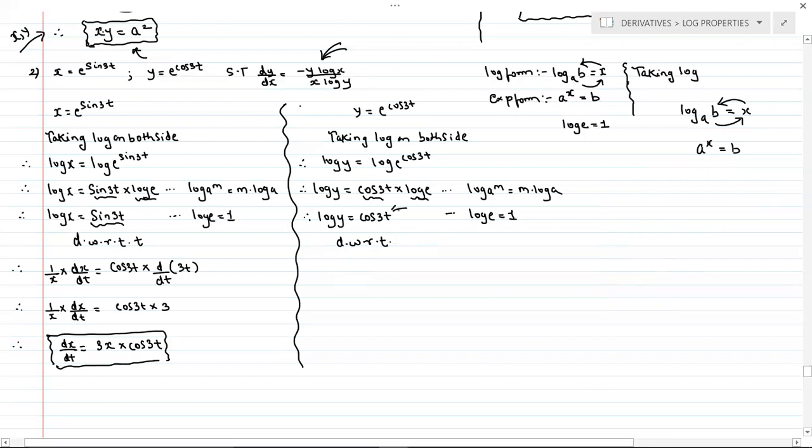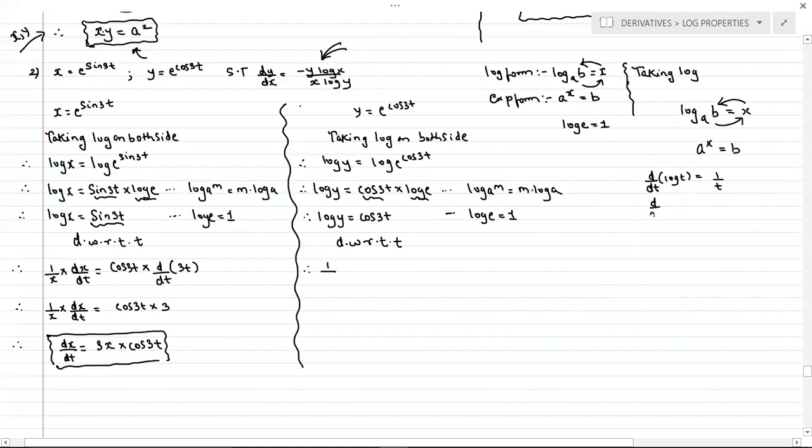On the right hand side, clearly we can see that it is t. As we are finding the derivative with respect to t, the answer for log y will be what? We know that derivative of log t with respect to t is 1 upon t.